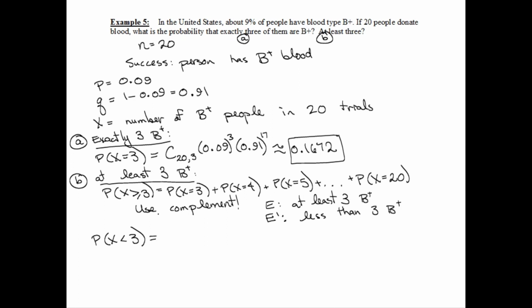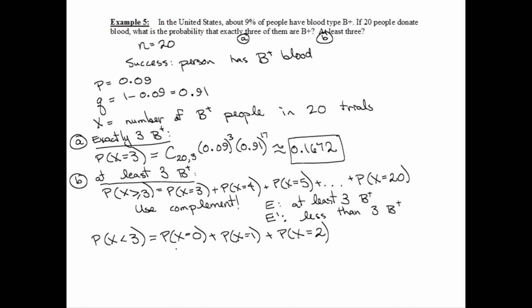And so what are our possibilities? We could have 0 successes. We could have 1 success. Or we could have 2 successes. 3 we don't want to include because that's in the event and we're just looking at the complement.